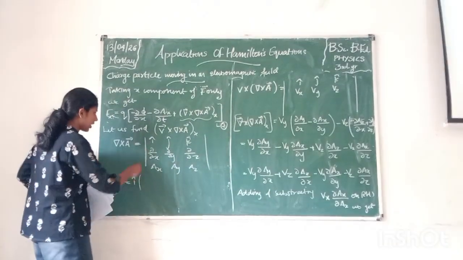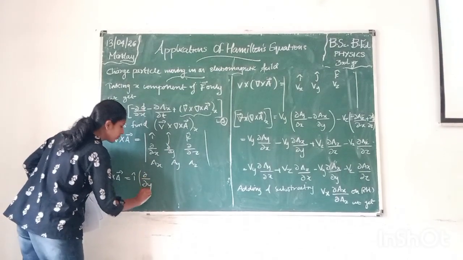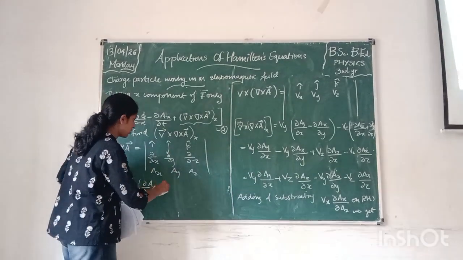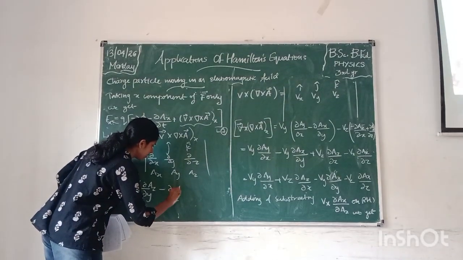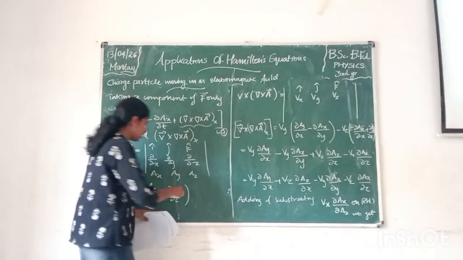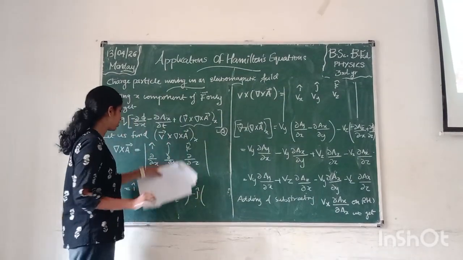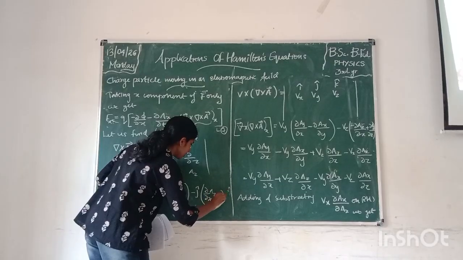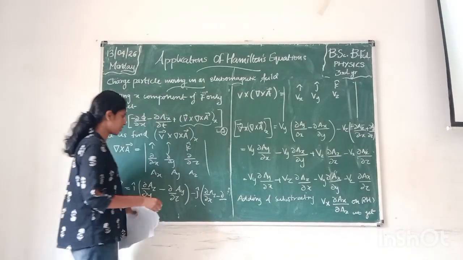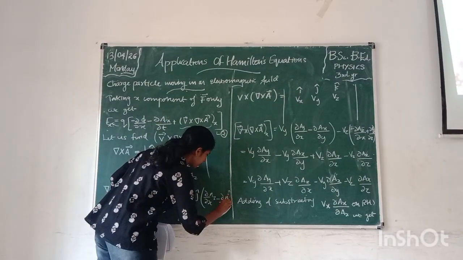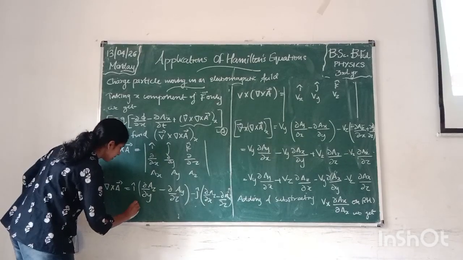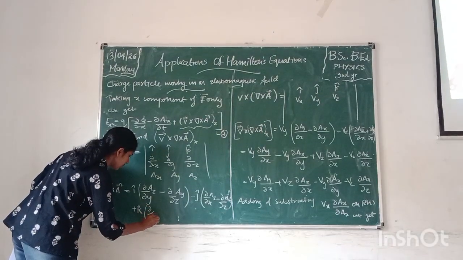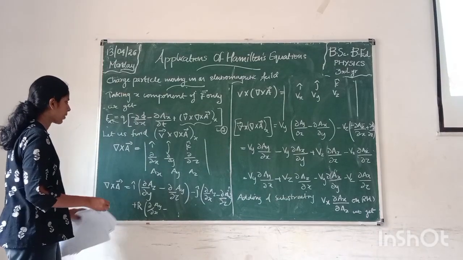Taking this, the i component is ∂/∂y of a_z minus ∂/∂z of a_y. Then minus j times (∂/∂x of a_z minus ∂/∂z of a_x). And plus k times (∂/∂x of a_y minus ∂/∂y of a_x).